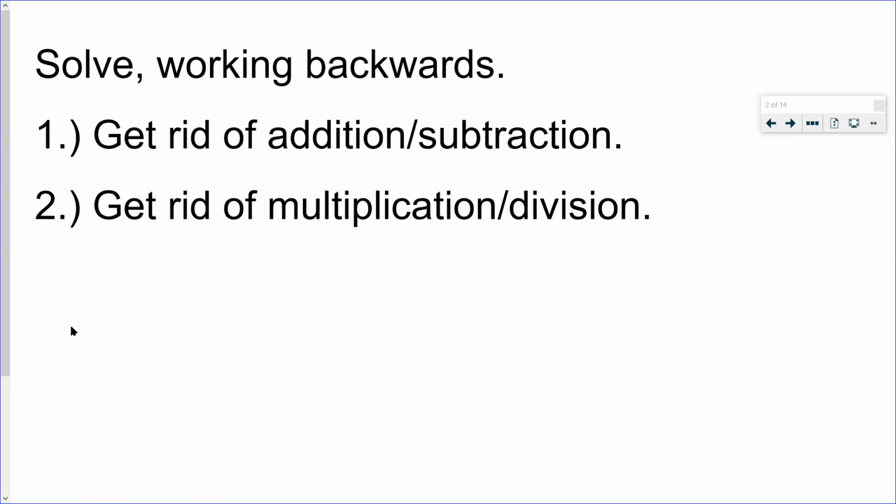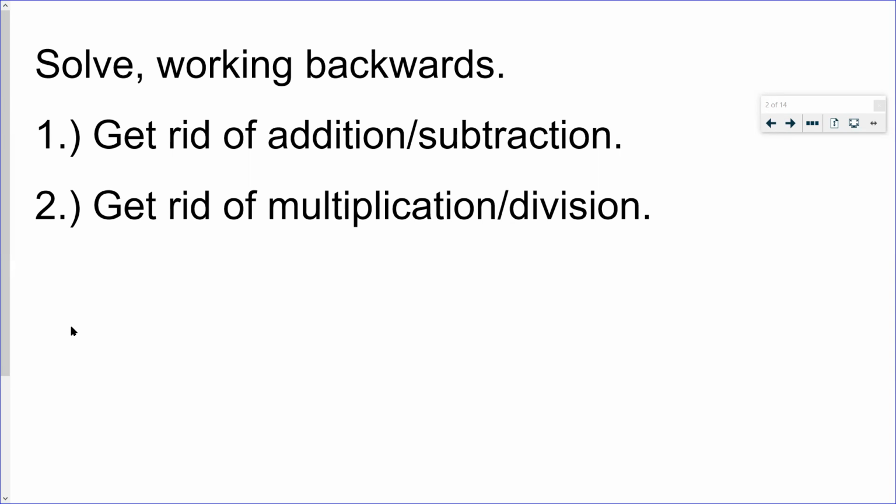So you might want to write this down. This is something to think about when working with two-step equations in a certain form, and you'll see the forms we're going to talk about today. We want to solve working backwards. Normally, in order of operations, we do multiplication, division, then addition, subtraction.